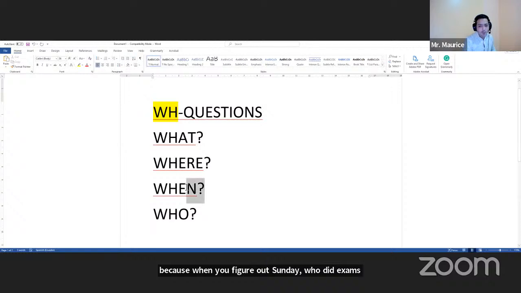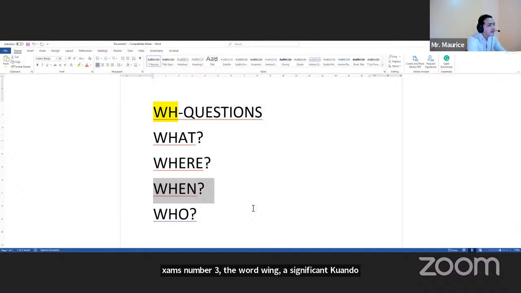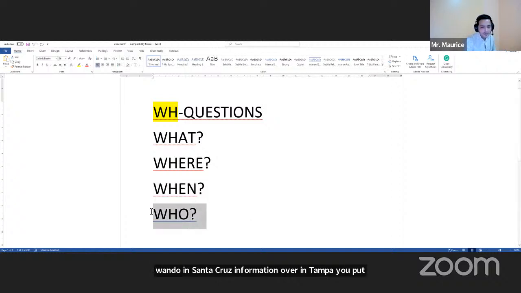Number three, the word when, que significa cuándo. Utilizamos esta palabra en preguntas cuando necesitamos información sobre el tiempo. Y por último tenemos who, quién. Lo utilizamos una vez más en preguntas cuando necesitamos información relacionada a personas.